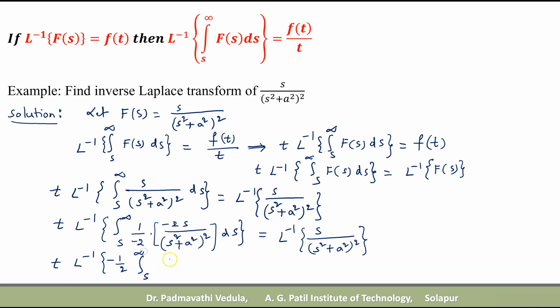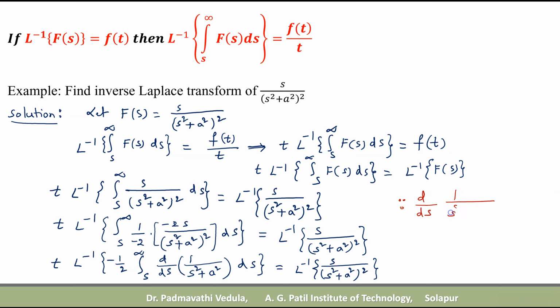Here minus 2s by (s square plus a square) whole square is nothing but d by ds of 1 by (s square plus a square) ds, equals L inverse of s by (s square plus a square) whole square, since the derivative d by ds of 1 by (s square plus a square) equals minus 2s by (s square plus a square) whole square.